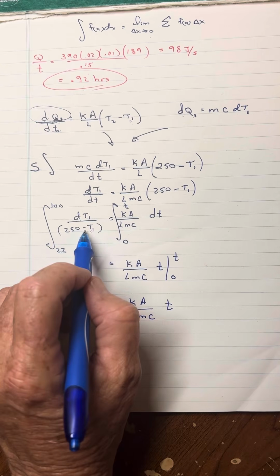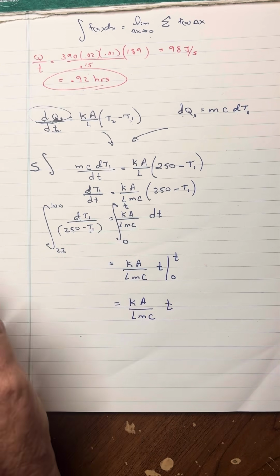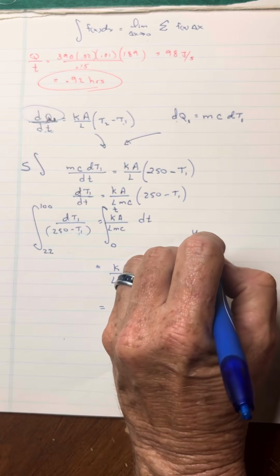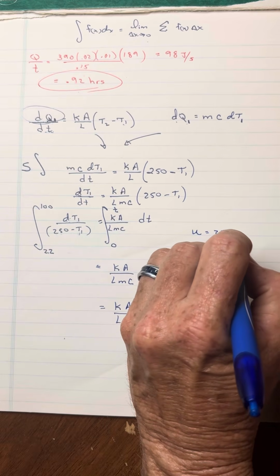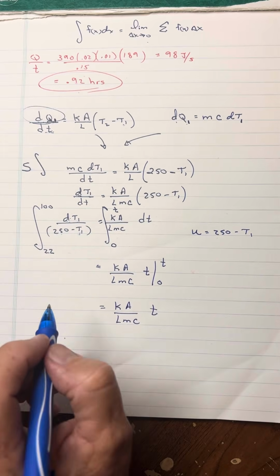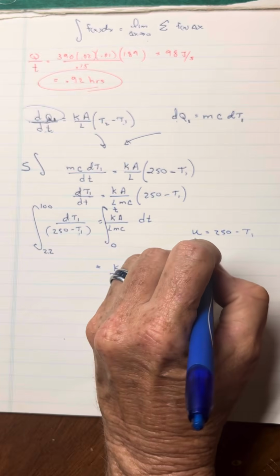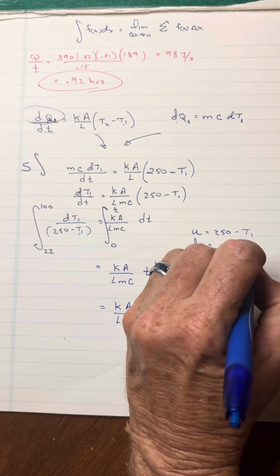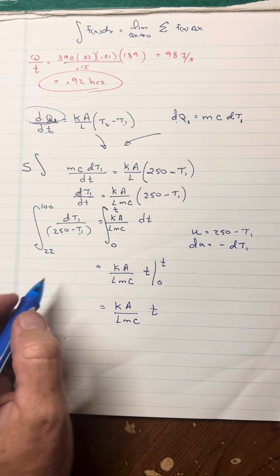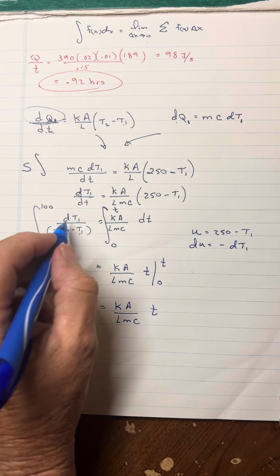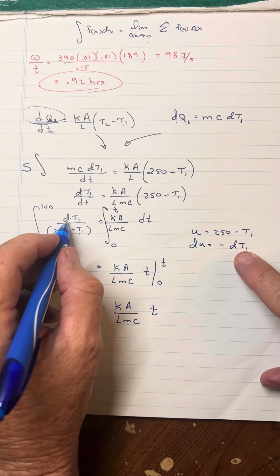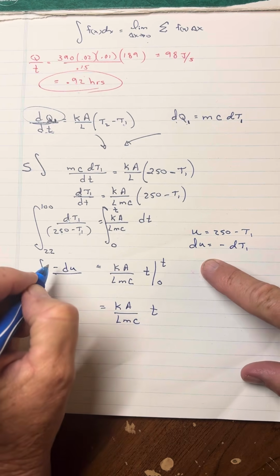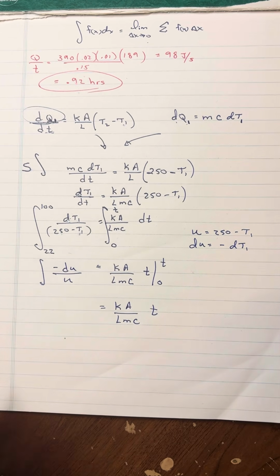Now, this one's a little bit harder. We might have to do a u substitution and set u equal to 250 minus t1. So that du becomes a negative dt1. And so in this integral, when we replace dt1, we get a minus du over u.